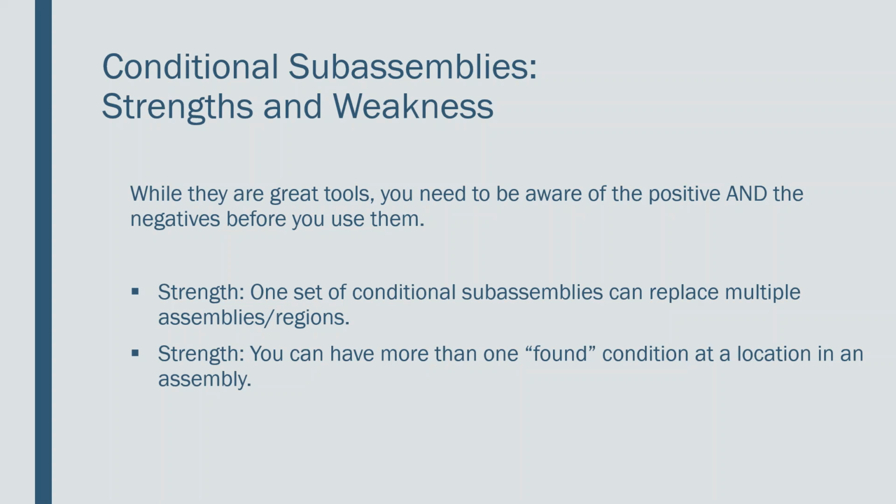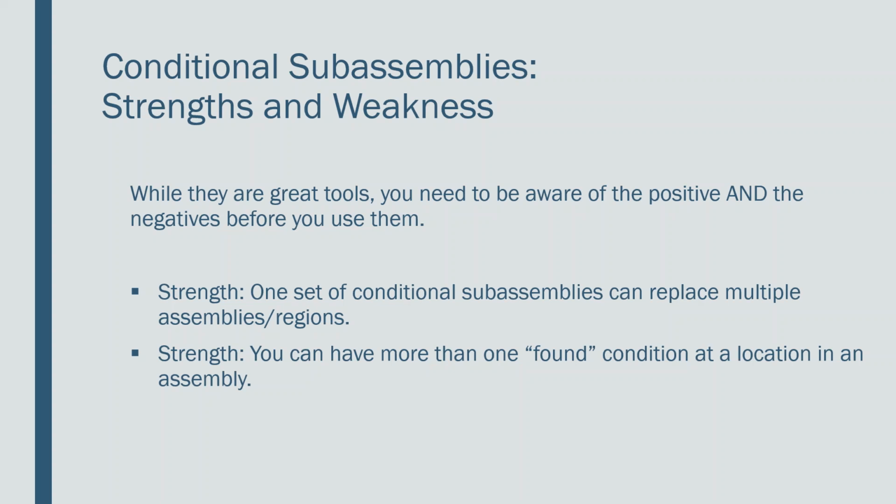You can also have more than one found condition at a location. My example here is, a lot of times I showed driveways because that's the one that turned my head towards conditional subassemblies. But what happens if you've got a driveway here and there, but also a sidewalk that comes up to the back of curb that we want to react to, or some kind of loading ramp, or some different kind of material that we need to replace?